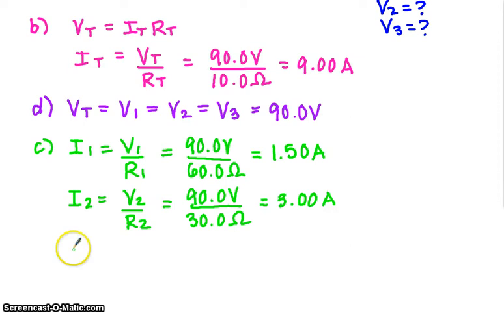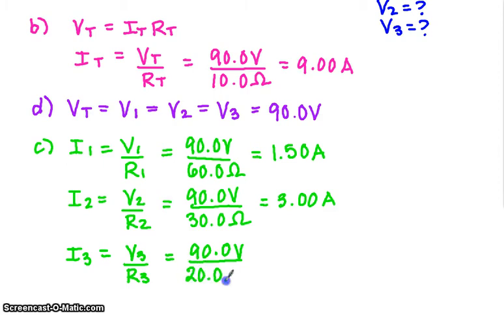And then I3 will be V3 divided by R3, which is 90 volts divided by 20 ohms, which gives us 4.5 amps. We'll make that 4.50 amps.